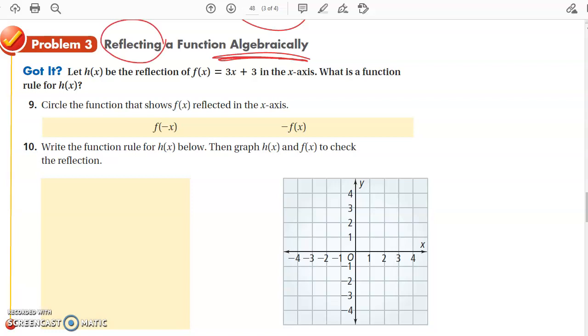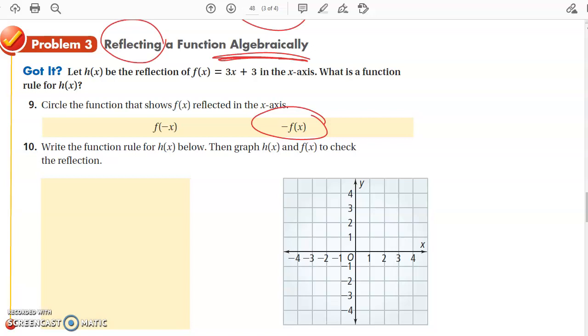Let h of x be the reflection of f of x equals 3x plus 3 in the x-axis. What is a function rule for h of x? And we're going to say right here, negative f of x. Write the function rule for h of x below, then graph h of x and f of x to check the reflection.